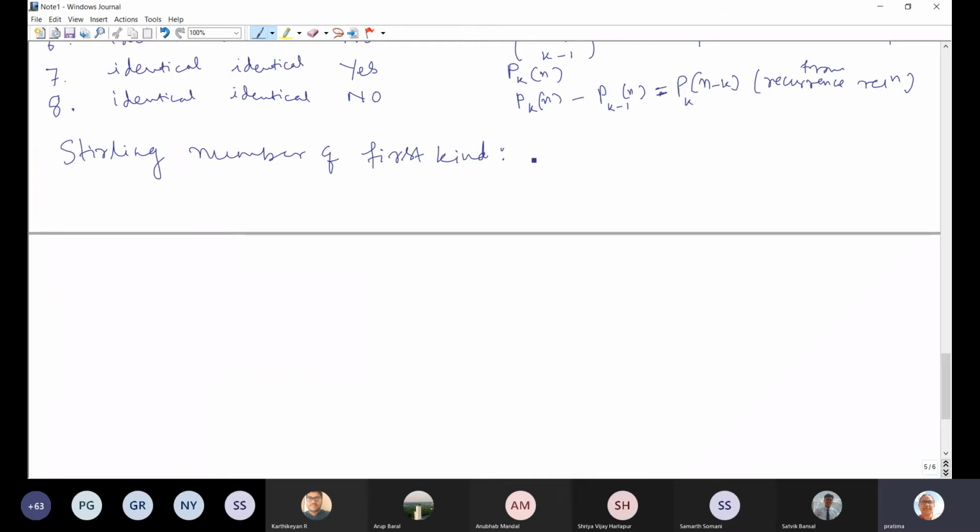The Stirling number of the first kind we denote by small s of n, k. n and k are again positive integers with k less than or equal to n.